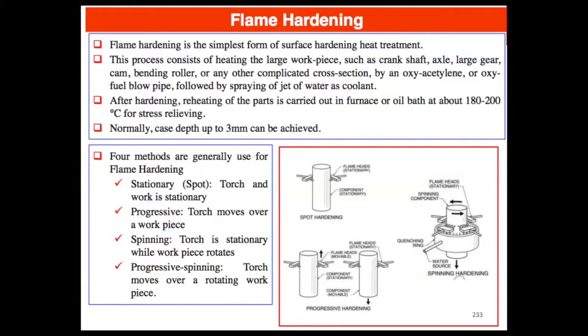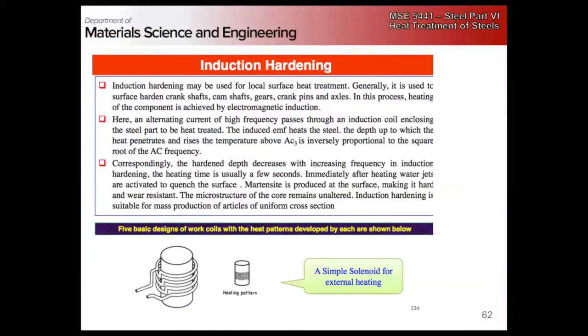You can chip the end and resharpen it, but if you fracture the whole shaft, you're done for. The tool's useless. So basically this gives a very strong, hard surface at the top, and then a soft core which can absorb energy.